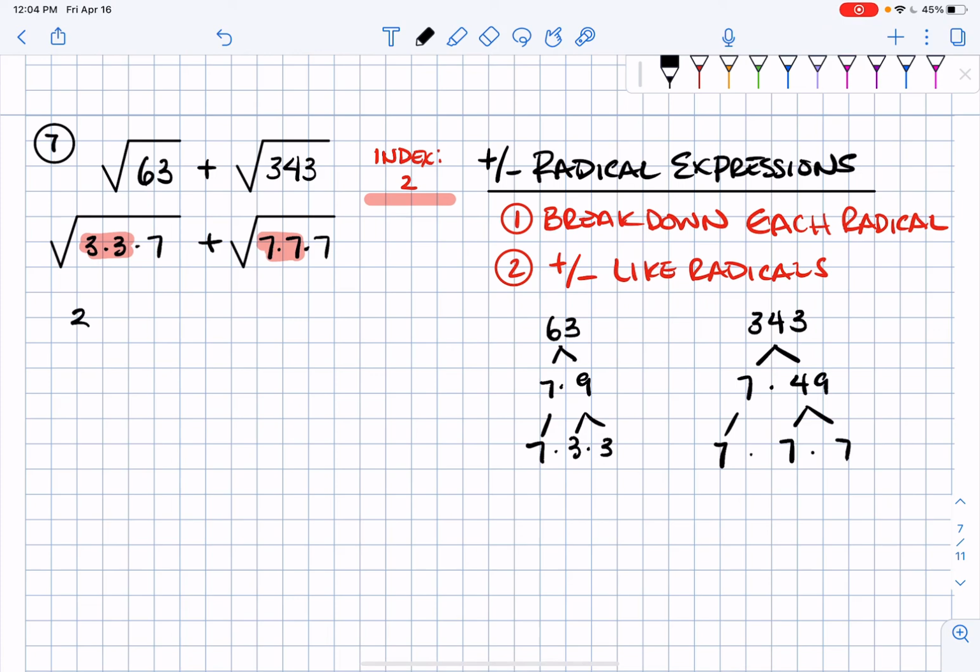So I have a 3 square root of 7 plus a 7 square root of 7. Ooh, they are like radicals. So that can actually add to 10 square root of 7. Yay. And that is going to be choice C.